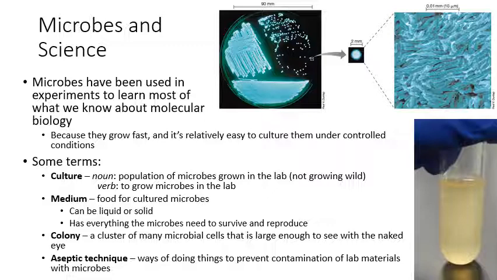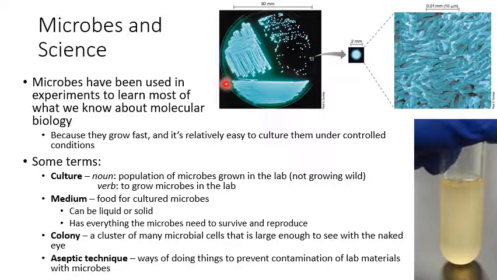Then you have medium. A medium is food for the microbes, and it's a place for them to grow on. You can have different types of medium, or different types of media. In this picture, this is a petri dish, and you have a solid medium in there. You can't really see it because it's transparent, but it's a gel filling up this dish.